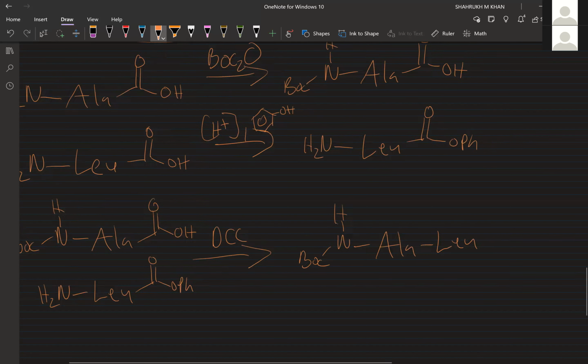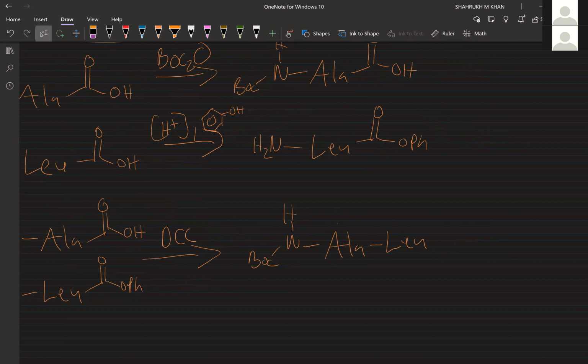Boc. No, DCC does not protect both. It couples both. So let me write this. This is a coupling agent. It's used mostly for C-N bond coupling, so it's not limited just to peptides, though it's very commonly used here. You could use it to form amides too, usually secondary amides.